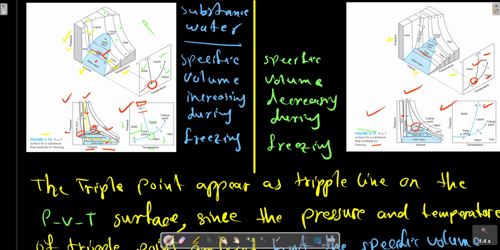For the substance that contracts on freezing, the corresponding constant temperature line indicates that as the pressure on the vapor is increased, it first becomes liquid and then solid.